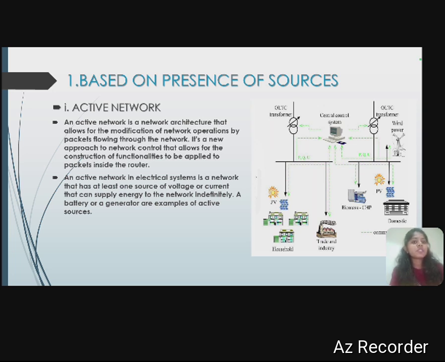An active network in an electrical system is a network that has at least one source of voltage or current that can supply energy to the network indefinitely. A battery or a generator are examples of an active network.